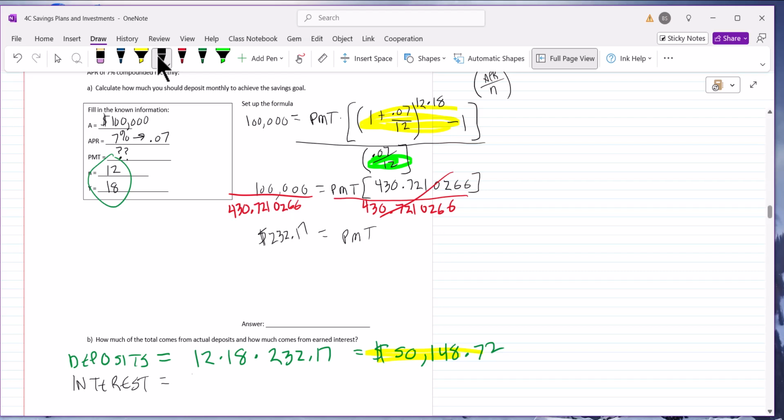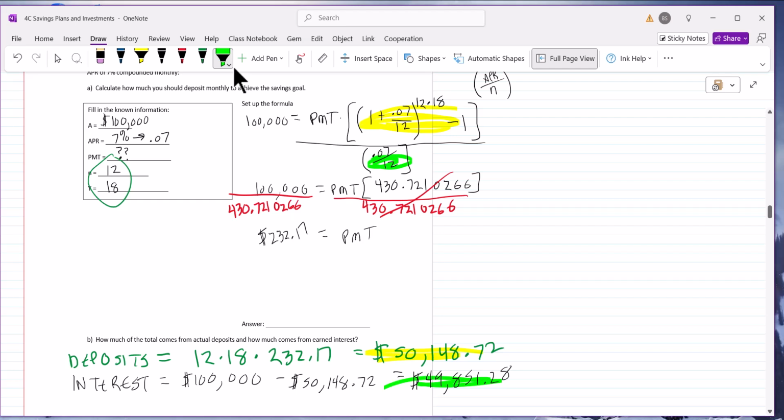Okay, so you need to do 100,000 minus the $50,148.72. So that's going to end up giving you $49,851.28.